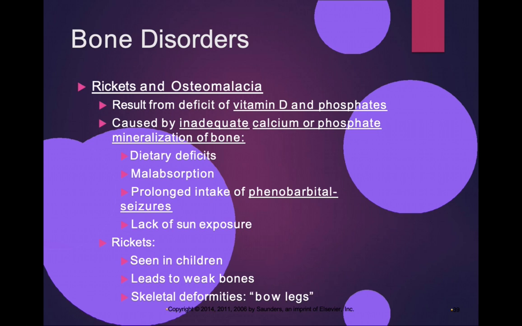There could be dietary deficits of consuming these things. There could be malabsorption, some sort of intestinal issue where the person's not absorbing it, or from the prolonged intake of phenobarbital. This is a drug that's used to try and manage seizures. Vitamin D deficiencies are quite common in people in the northeast especially due to lack of sun exposure.